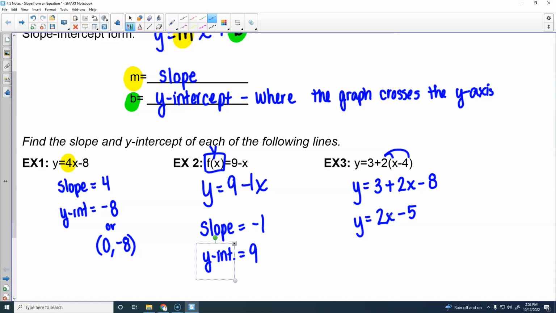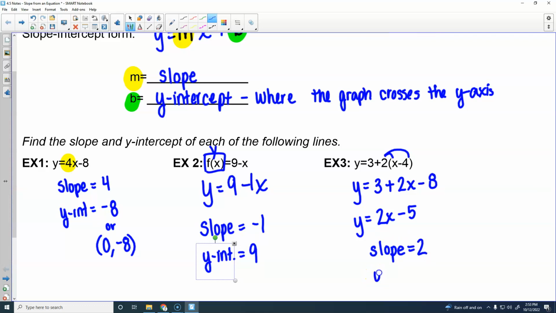Okay, so if you don't have everything distributed and combined like it should be, you need to do that first before you find slope and y-intercept. Caitlin, what's the slope of this line? Wait, how is it negative 5? When we combine that positive 3 and the negative 8. Slope would be 2.